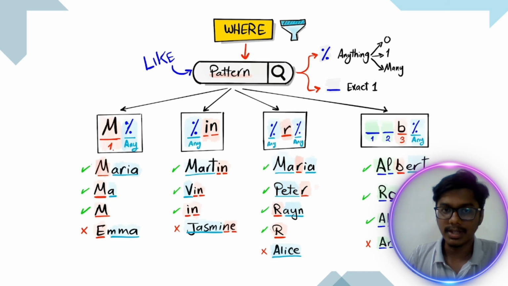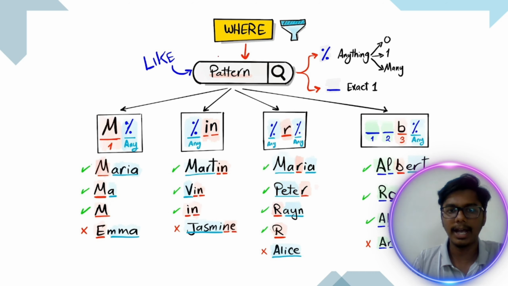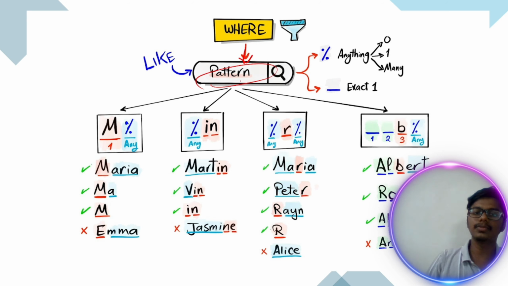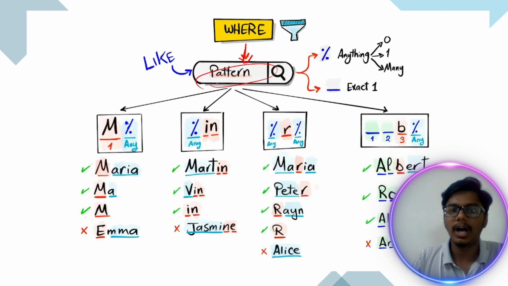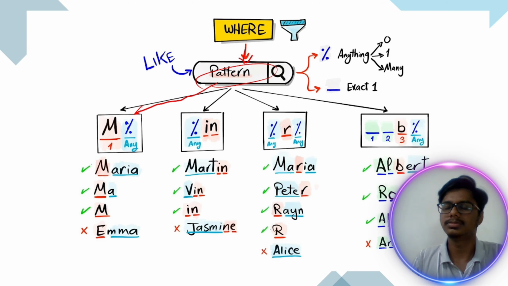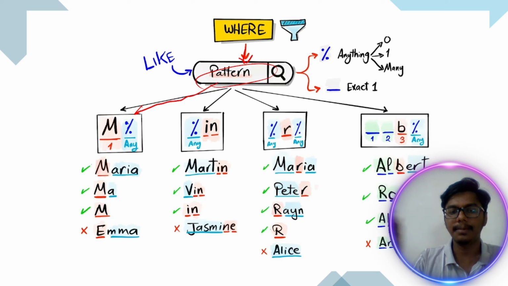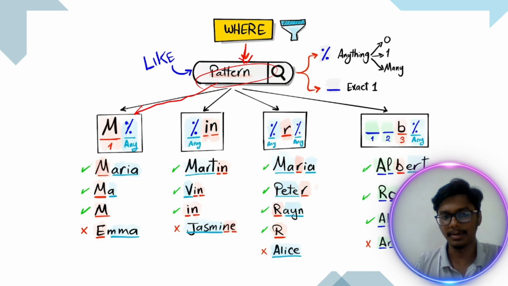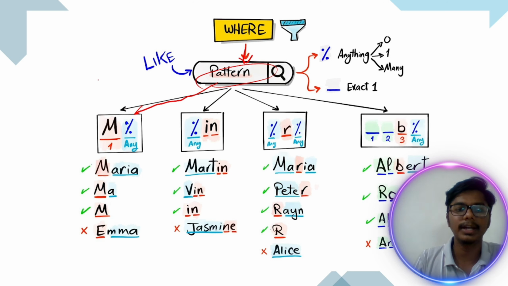Let's get started with the story time. Here also I have filtering based on conditions. Based on the condition, I just want to filter some patterns. Let me keep it as simple as possible. Let me set some names in this table. Say the name starts with M, and I don't know the remaining letters.